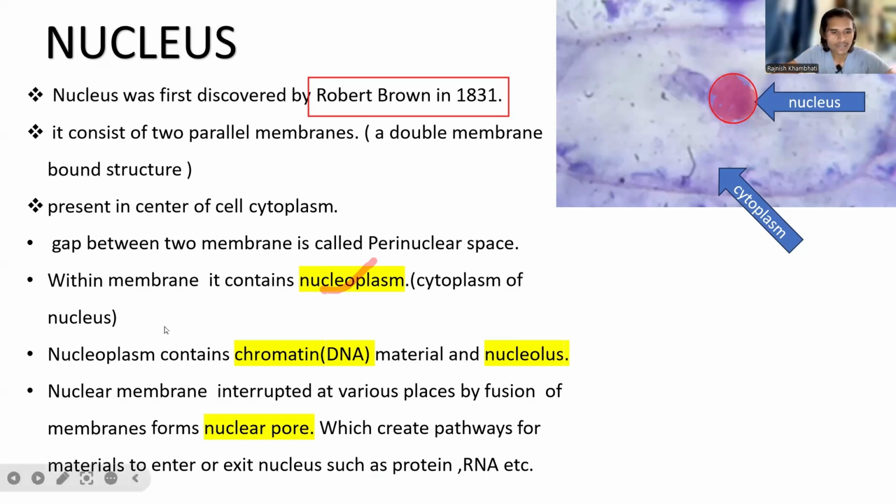It's a basic pathway. What is entering and exiting? Some proteins and RNA will exit and enter from the nucleoplasm to the cytoplasm and vice versa. You can write these points, because after this you will understand them from the diagram.